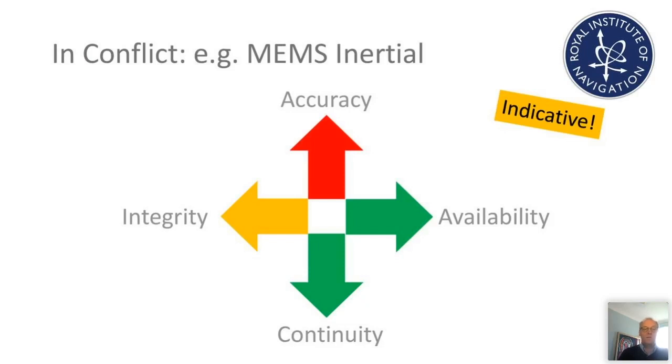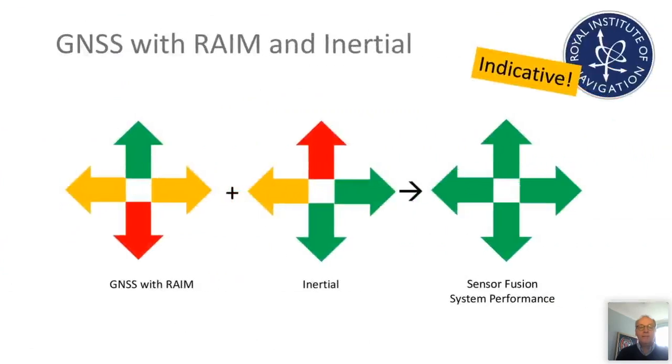But if you compare that to what we saw just a minute ago with GPS, you'll see there's some complementarity there. And indeed, if you add the two together, so if you have a system with GPS coupled with inertial, then, and by the way, the real world's not this simple, but you can move to a higher performance system.